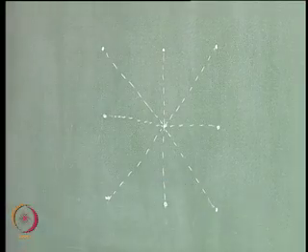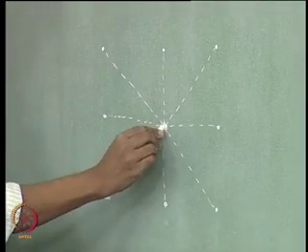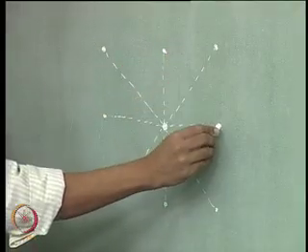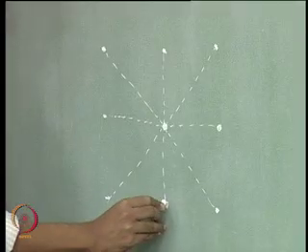So, I have used dotted lines and connected the central point here to all of these points around it. This is just to help us identify the region. So, we have just started with this step.